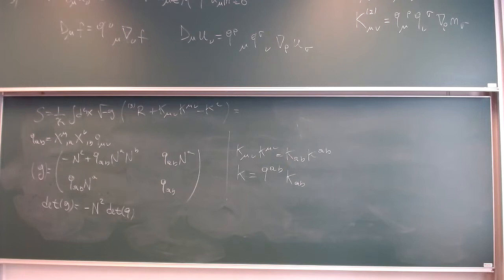Because no, actually it is, because we have that n sigma, which we know is perpendicular with respect to the metric. I mean that Q mu nu n nu equals 0. Yeah. Okay.